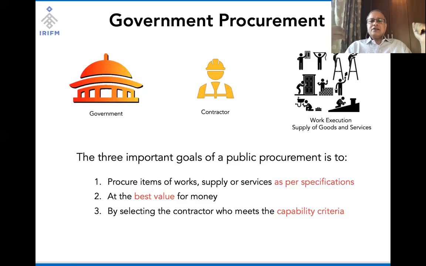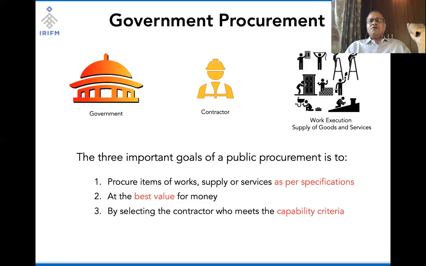The second is we also specify all the things that we are looking for in a contractor. For example, we could say that this pen shall be supplied directly by the manufacturer and no one else. And the manufacturer shall have a capacity to manufacture 10,000 pens per day.